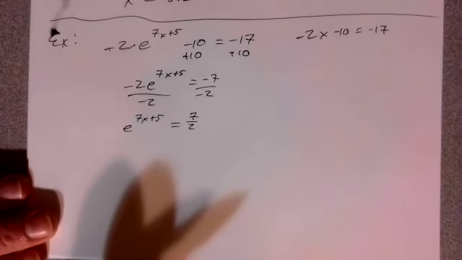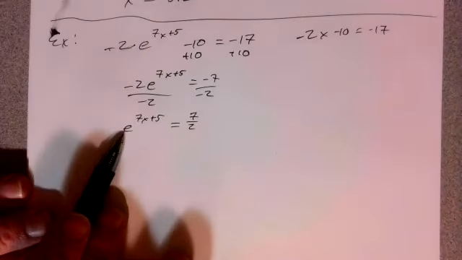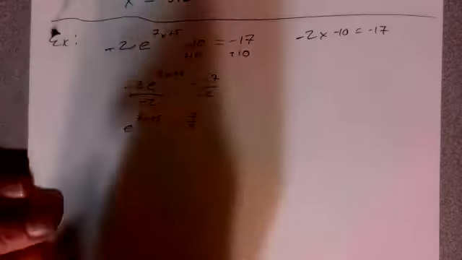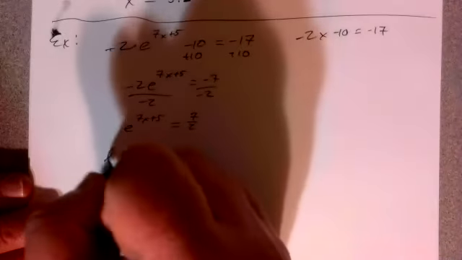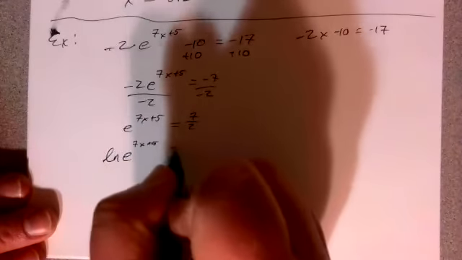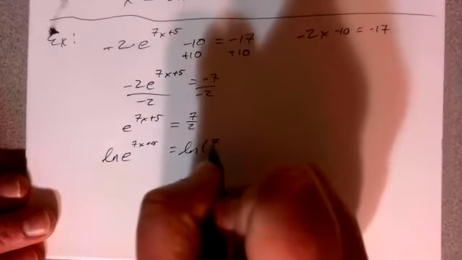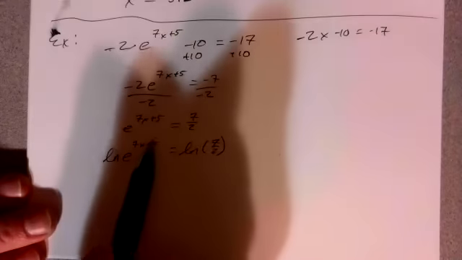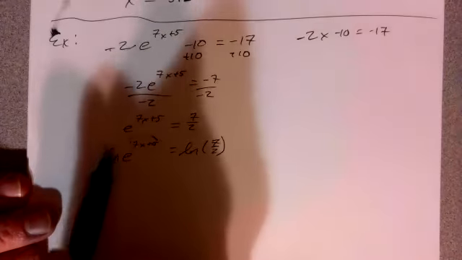So sorry. Okay, now base e again, right? With that base e, let's take the natural log of both sides. When I take the natural log of the left side, I get the natural log of e to the 7x plus 5 equals the natural log of 7/2. Now, this whole entire exponent comes out front.